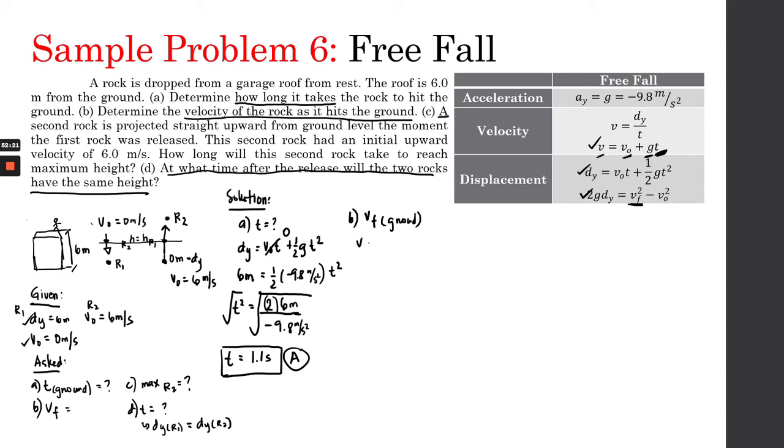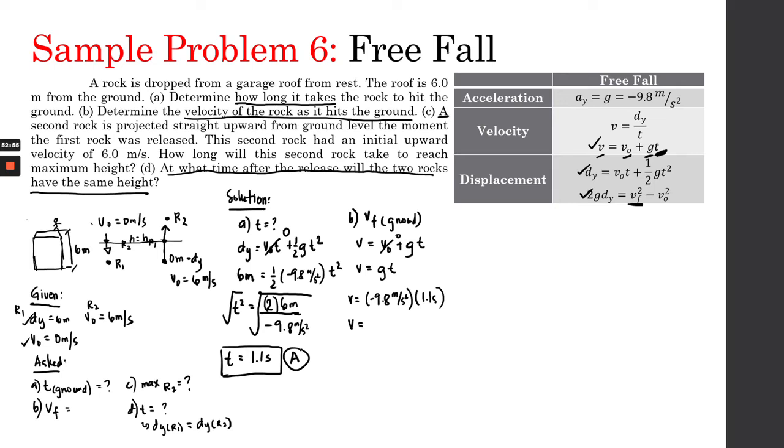So the velocity is equal to the initial velocity plus the acceleration due to gravity multiplied by the time it took the rock to drop or to arrive at the ground, which is 1.1 seconds. So v is equal to 0 plus gt. Therefore, v is equal to negative 9.8 meters per second squared multiplied by 1.1 seconds.